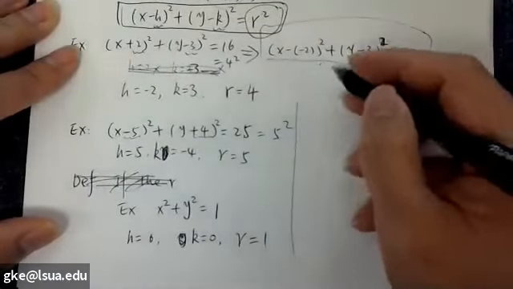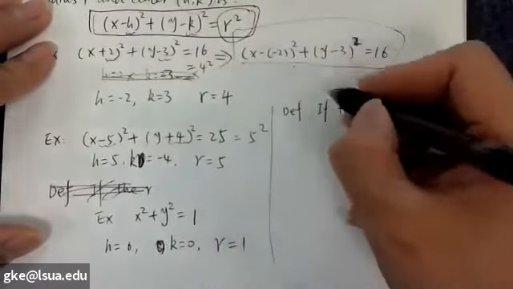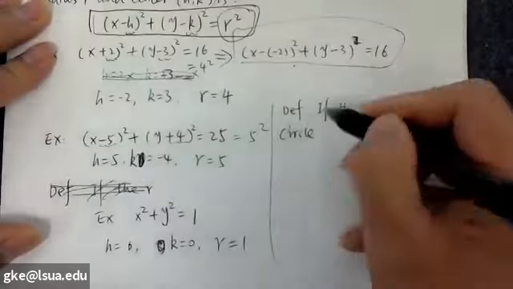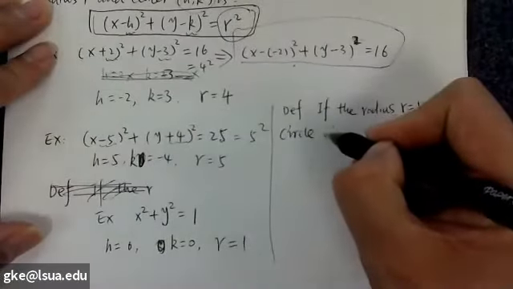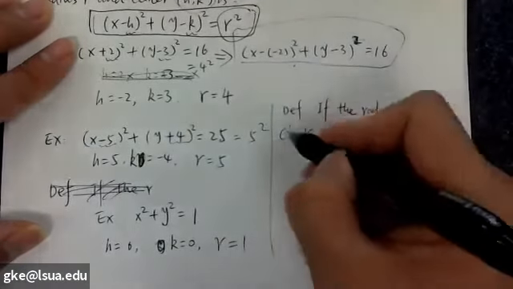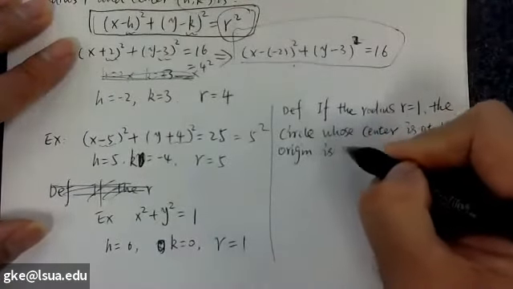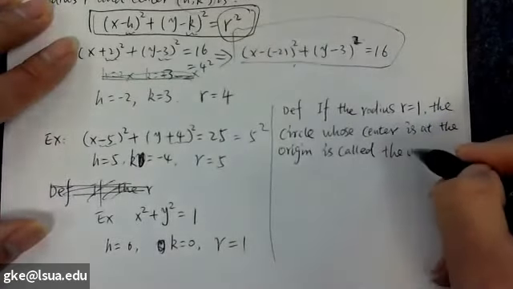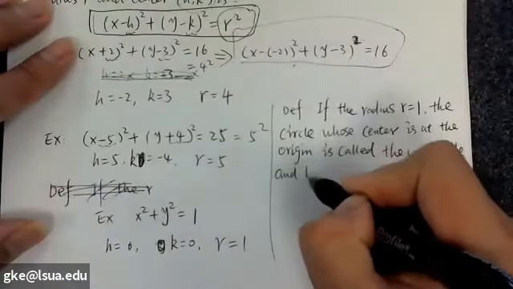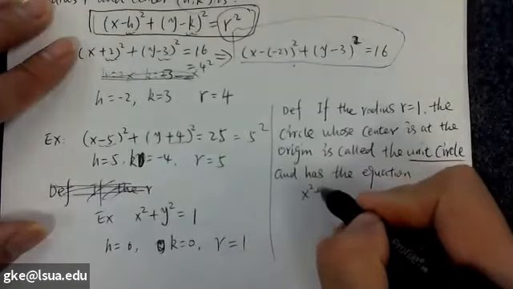Let me put the definition. If the radius r equals 1, the circle whose center is at the origin is called the unit circle, and has the equation x squared plus y squared equals 1.